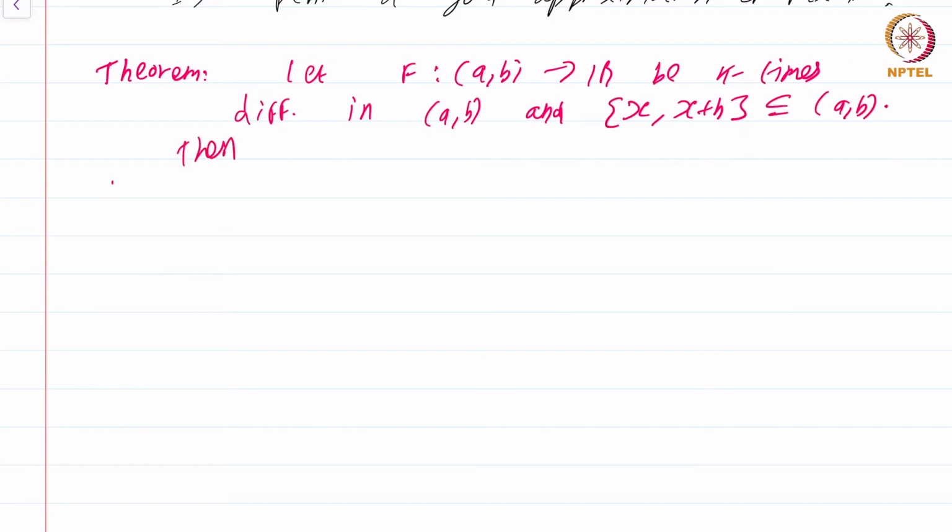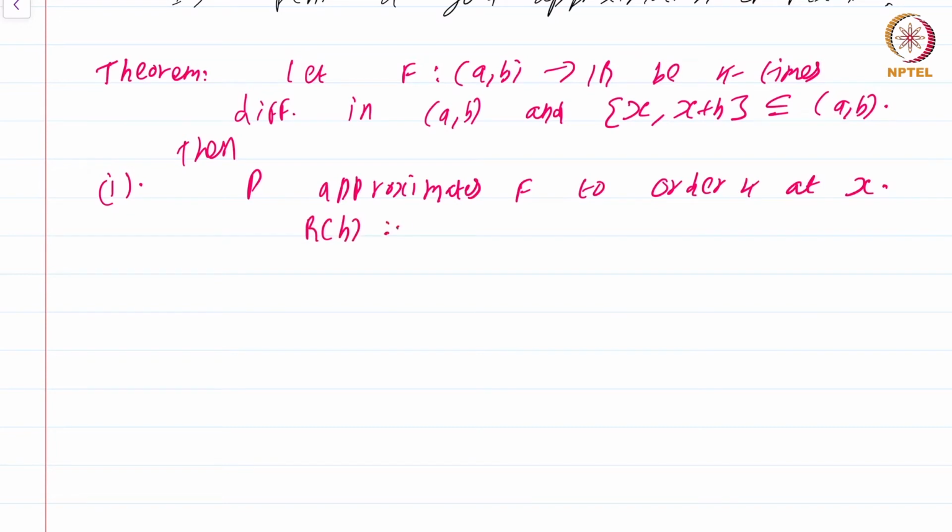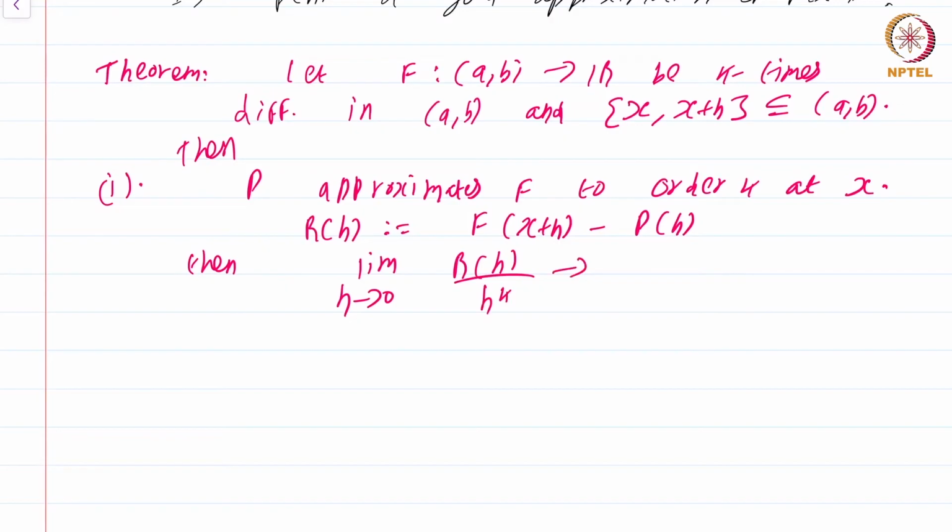Then one, P approximates f to order k at x. What does this mean? This means if you define r of h to be f of x plus h minus p of h, then the limit as h approaches 0 of r of h by h to the k converges to 0.